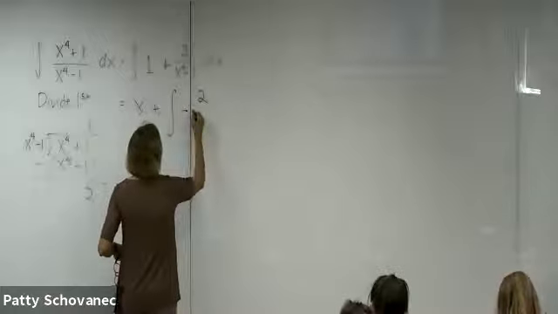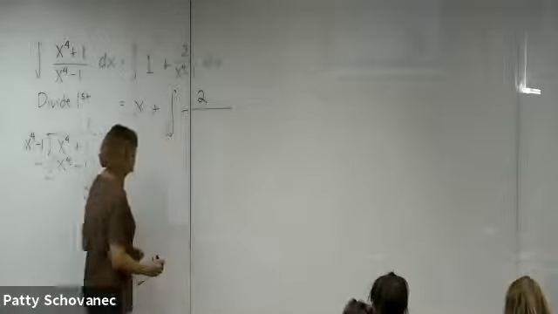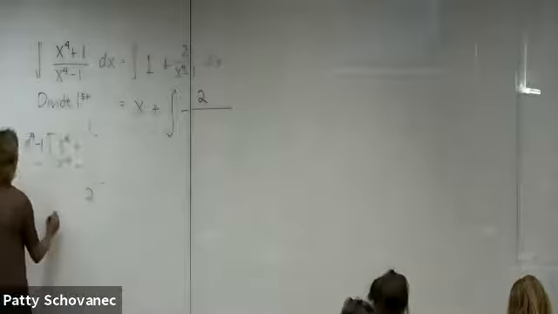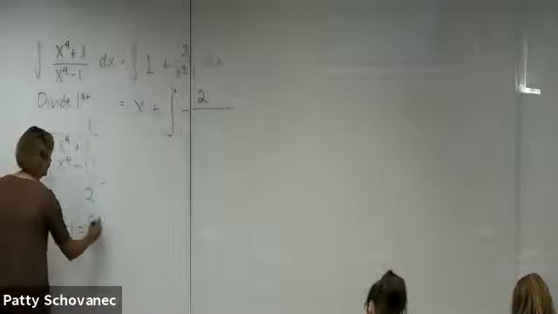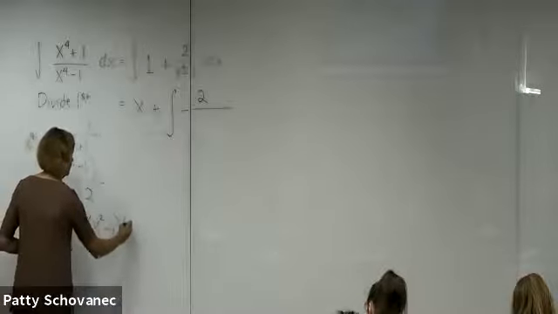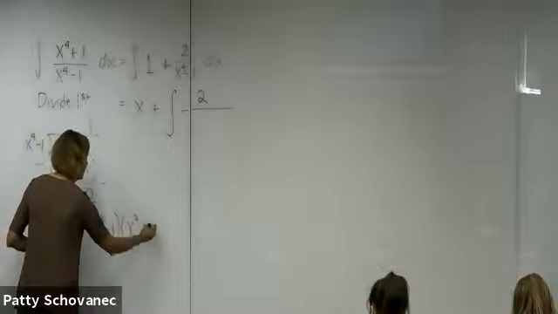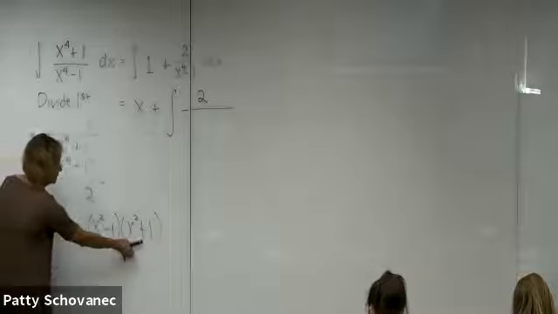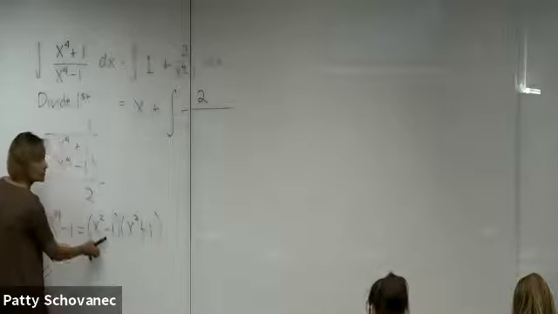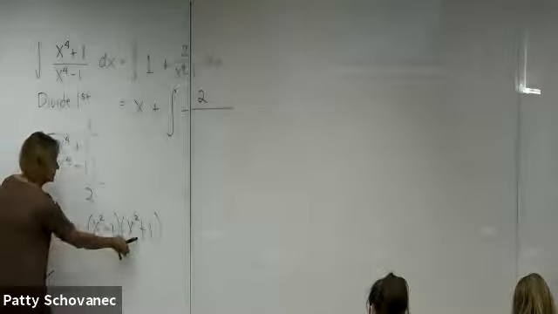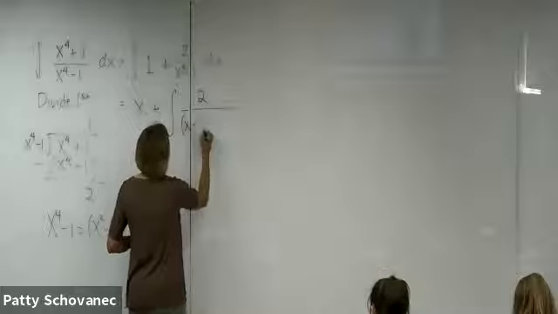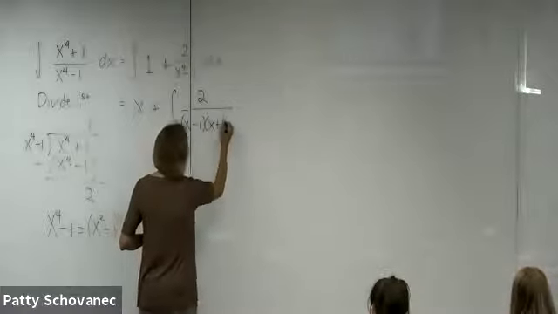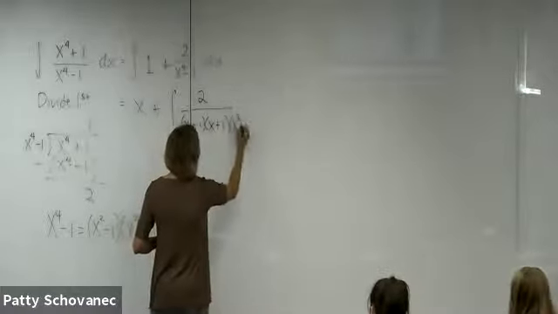So we had to factor x to the 4th minus 1. That was x squared minus 1 times x squared plus 1. We recognize x squared plus 1 as being prime, but x squared minus 1 is factorable again as x minus 1, x plus 1. We write x minus 1, x plus 1, and x squared plus 1.